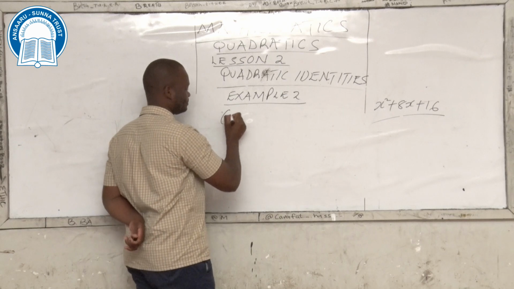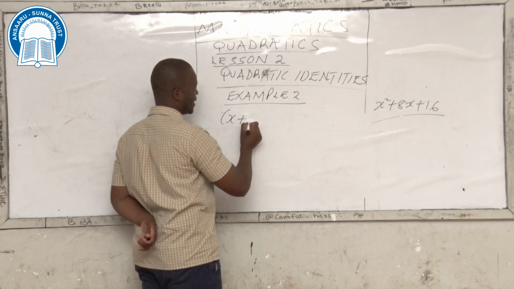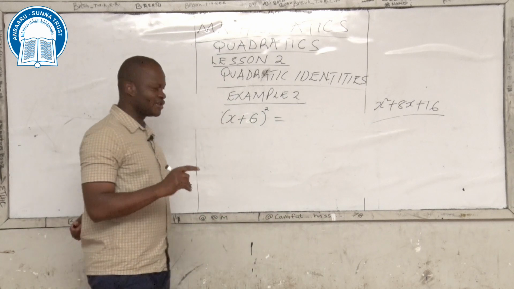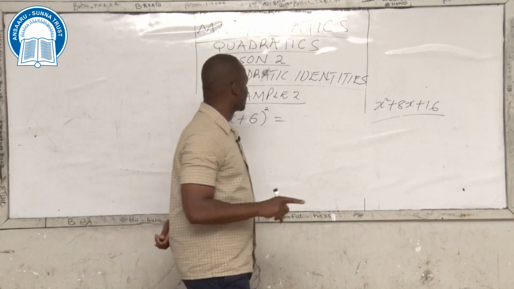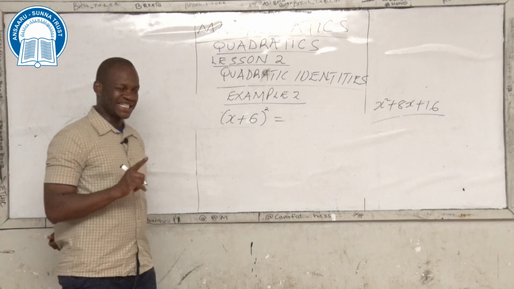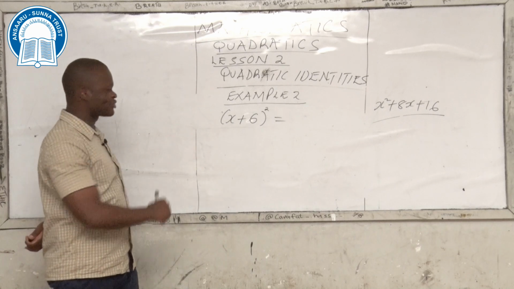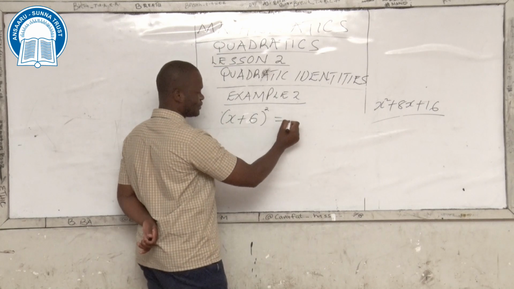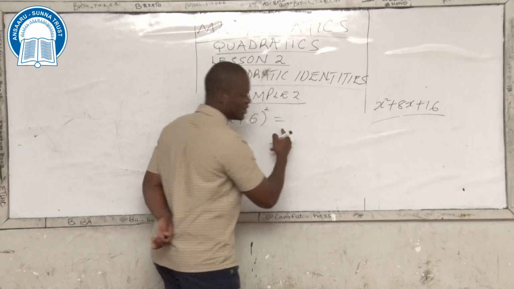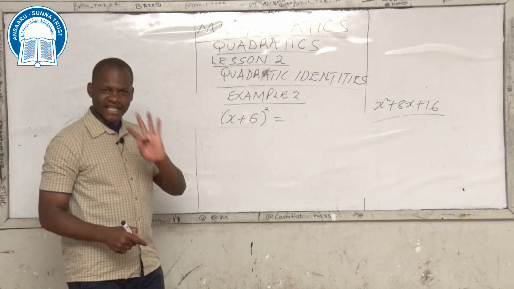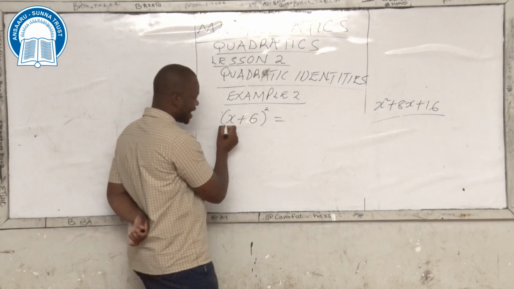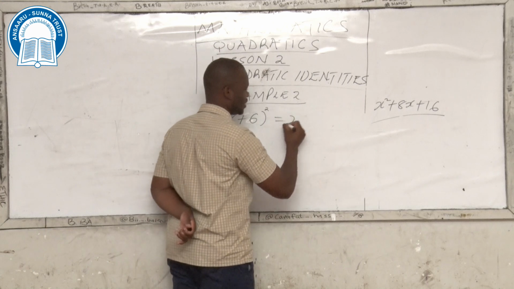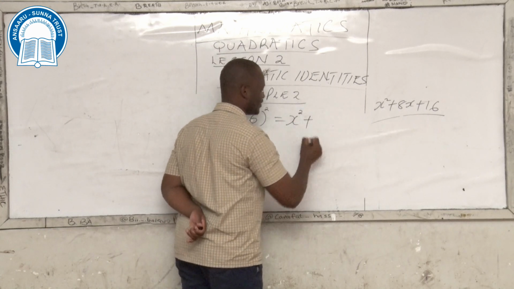You are given (x + 6) squared, and you are required to use the quadratic identity, the first identity. Of course, we have copied it. By now, the outcome will have three terms. The first term, I square the first term in the bracket. That will be x squared.